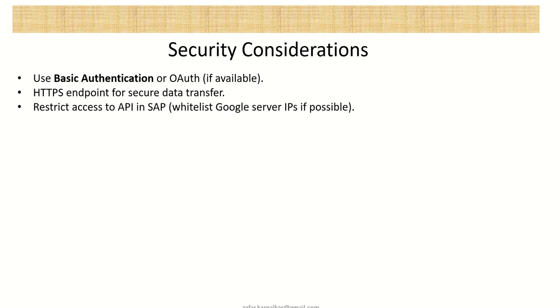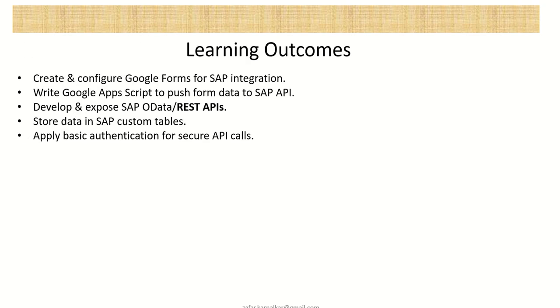For security, you can use basic authentication or OAuth if available in your SAP API. The learning outcome: learn how to create and configure Google form for SAP integration, write Google app script to push data to SAP API, create the REST API, store data in a custom table, and apply basic authentication for secure API calls.